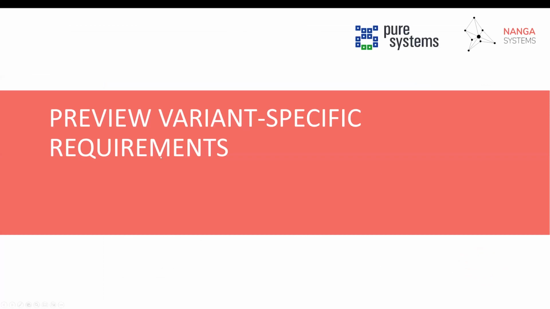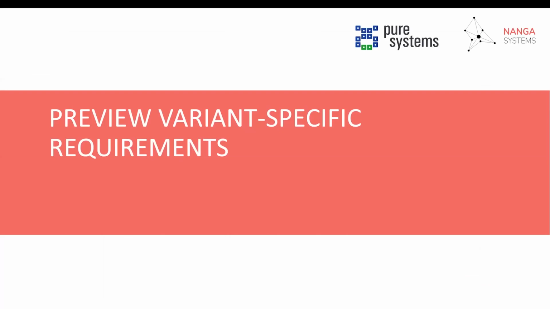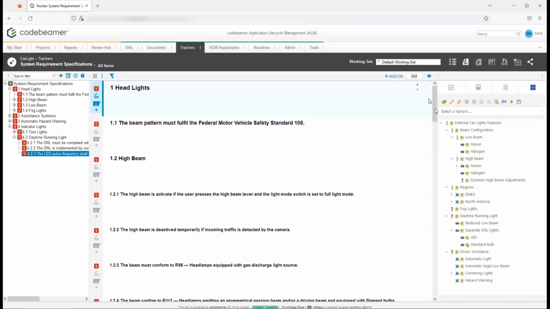In our third one, now we want to see the preview of a variant specific requirement in Codebeamer. Therefore, we start with the normal start screen. In this example, we're going to work with the Highlight USA variant model.